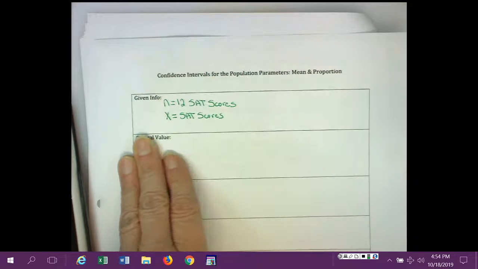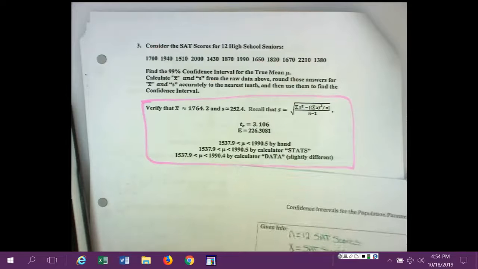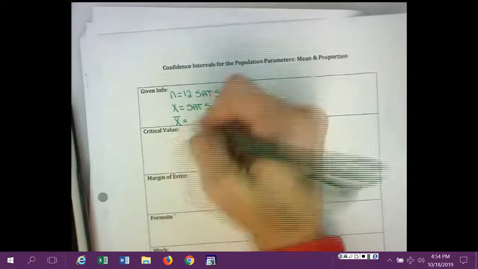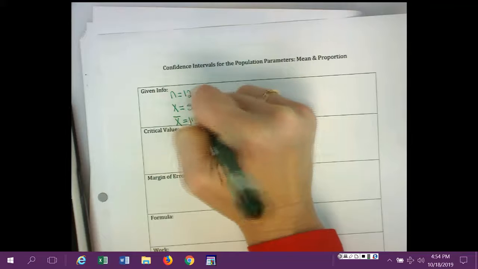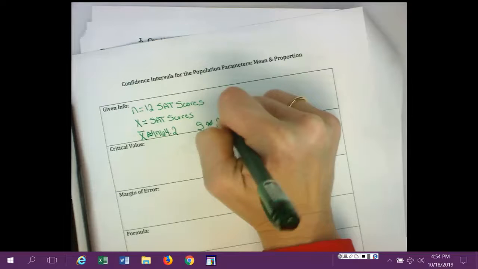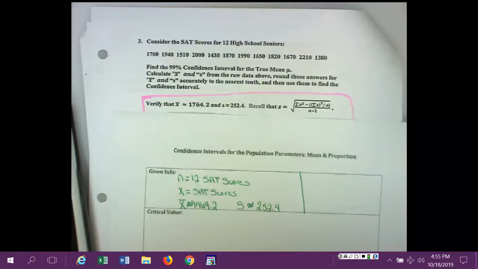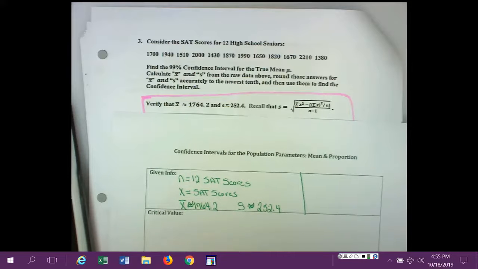We were given raw data. I'm going to write down that we had to find the sample mean, and we're going to use the 1764.2. And we had to find S. And I guess I should use approximation symbols instead of exactly equal to. And we're going to use the 252.4. And with that, they ask us to find the 99% confidence interval for the true mean.